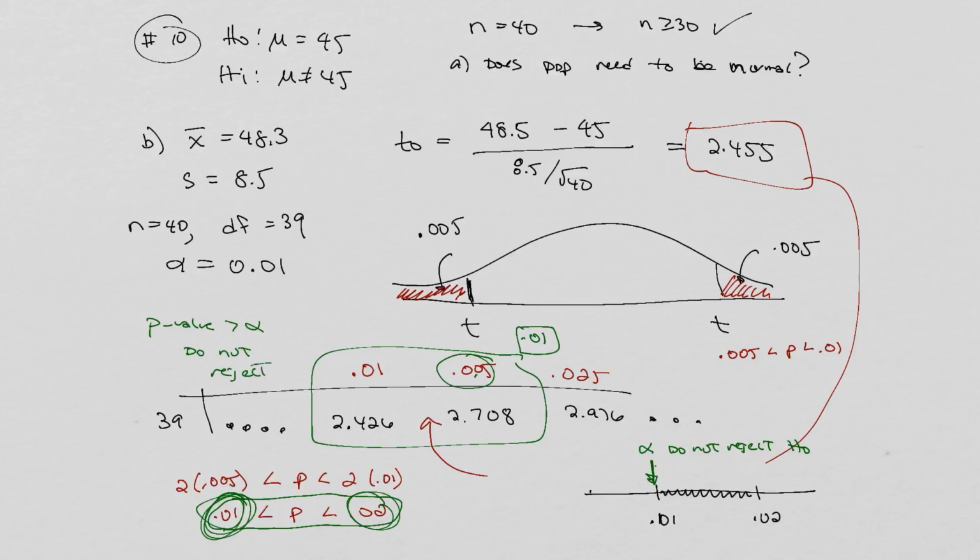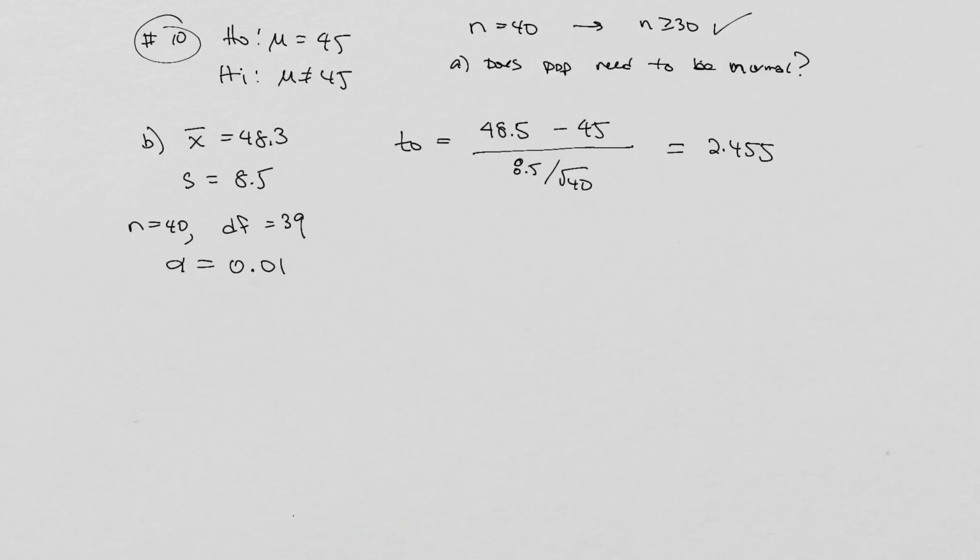One other thing to remind you about: for a two-tailed test, we could set up a confidence interval. So let's remind ourselves how to do that. We set it up like this: x bar, the average from the sample, plus or minus t of alpha over 2 times the standard deviation of the sample over the square root of n.